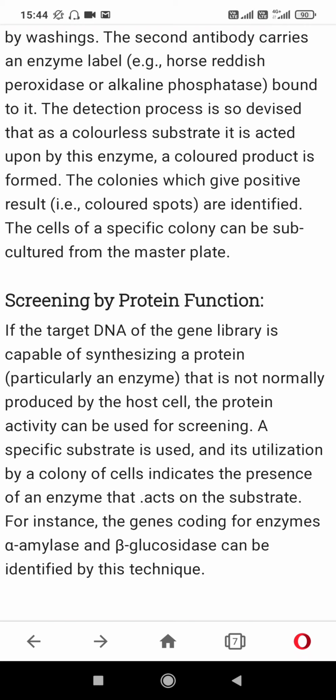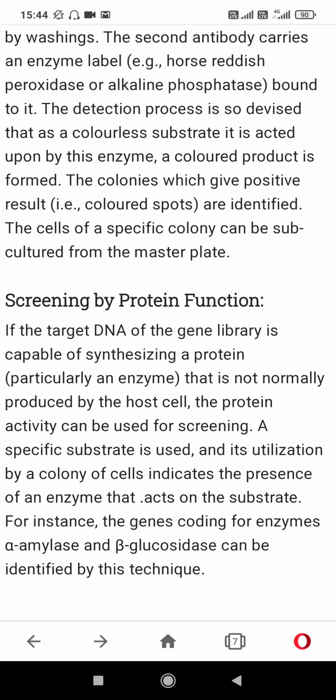If the enzyme produced by that particular gene is present, then that enzyme must react with that specific substrate, and utilization by the colony of cells will be an indication that there is that particular enzyme in that cell, and that means the desirable DNA is present. For instance, the gene coding for the enzyme beta galactosidase or alpha amylase can be identified by this technique.